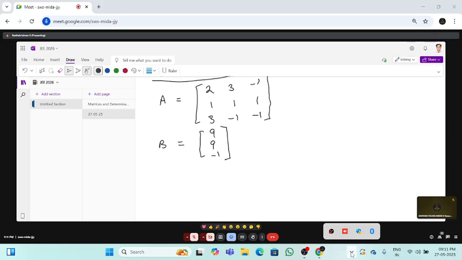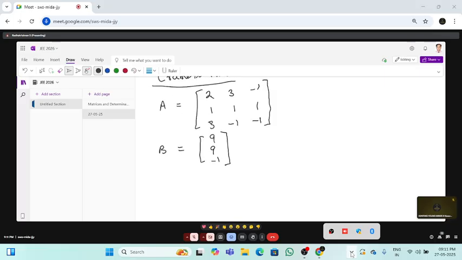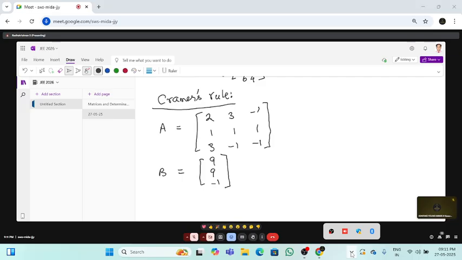According to Cramer's rule, first of all, you have to see whether the determinant of this matrix is non-zero. So that you have to check first. Even in the inverse method, you have to do that first. So calculate the determinant of this one. Since we already calculated this determinant and got the value 16, I am not going to repeat it, but it is non-zero. It is equal to 16.